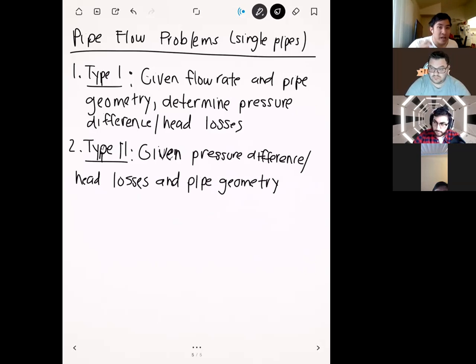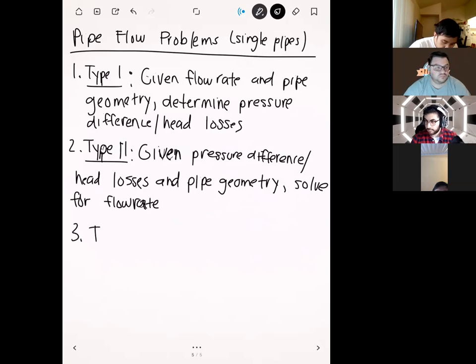And so with that information, the last thing that you need to solve for is the flow rate. Okay, and so that's type 2.